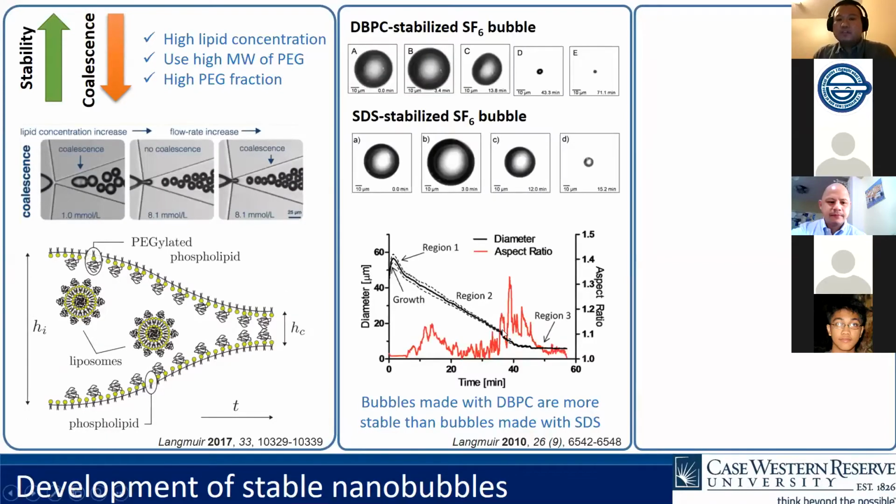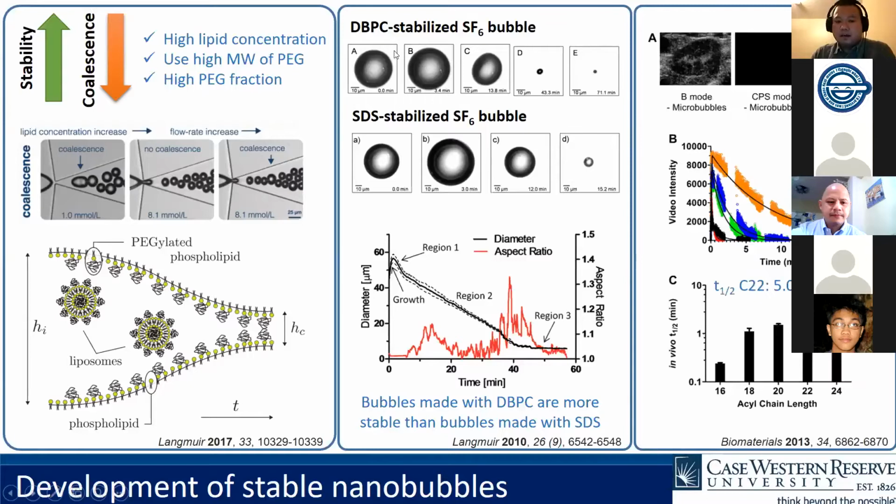You can also use phospholipid surfactant instead of small molecule surfactant. Here, with the DVPC, or the phospholipid surfactant, the bubble that's made from it can last for at least 71 minutes. In contrast, the bubble that's stabilized by the small molecule can only last for about 15 minutes.